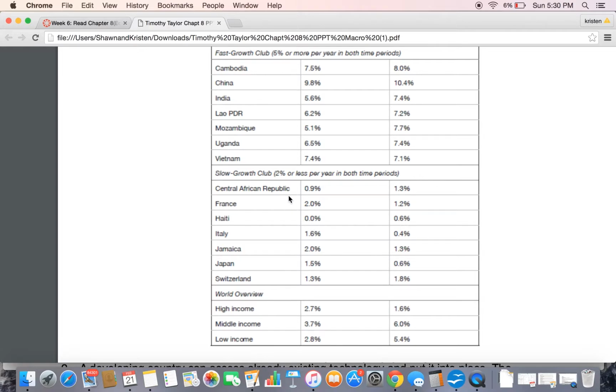Countries like the Central African Republic, Haiti, Jamaica. These are countries which actually are either experiencing political issues, or government policies which are maintaining their low income status and not allowing for them to experience capital deepening and have the benefits of a more skilled workforce that has access to more capital and greater levels of technology to be able to experience the growth that countries such as Vietnam, China, and India have experienced.